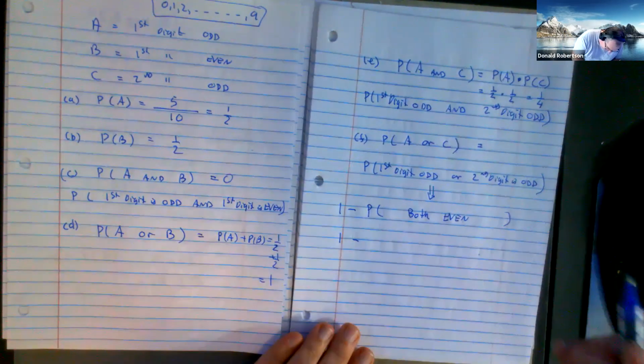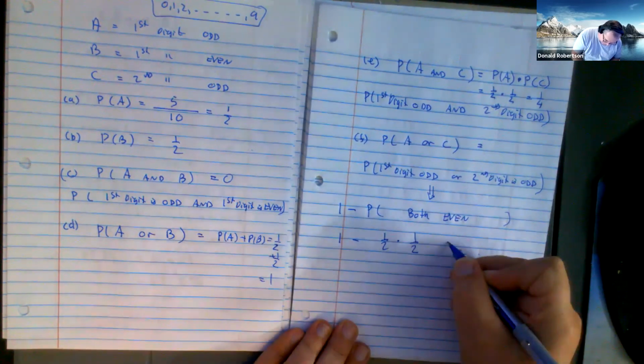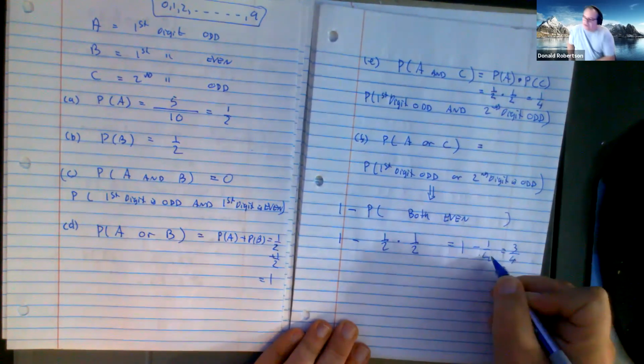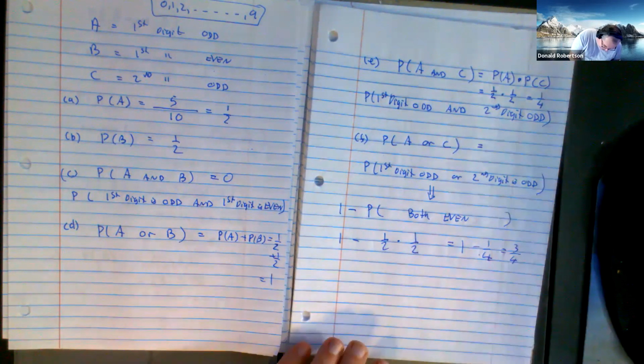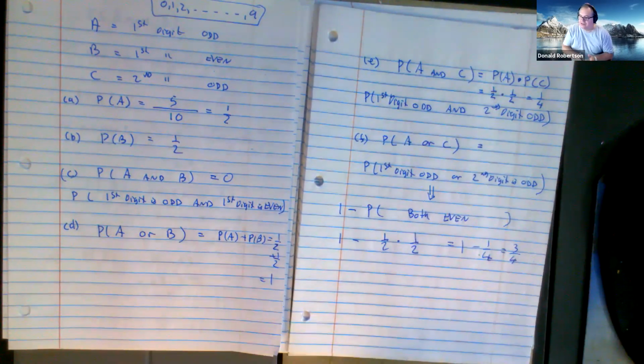The first one being even times the other one being even. So what I did is I changed the question, since I don't know how to do it directly, by finding its complement. And if you're saying, well, how do I know both are even? Isn't it the first one is even times the second one is even? And each of them is 1/2. So 1/2 times 1/2 is 1/4.